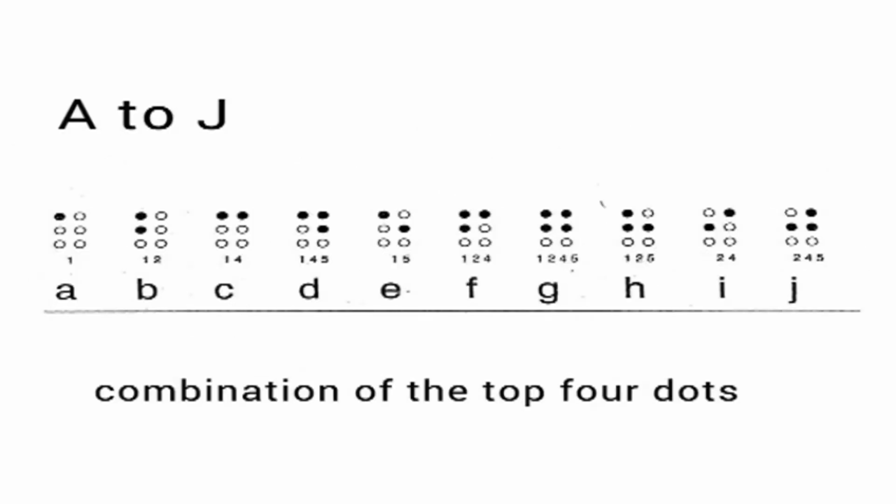A single letter can be represented by as few as 1 or as many as 5 dots. There is a pattern to the Braille alphabet which corresponds to the letters' order in the alphabet. The first 10 letters of the alphabet, A to J, are composed exclusively of some combination of the top 4 dots.